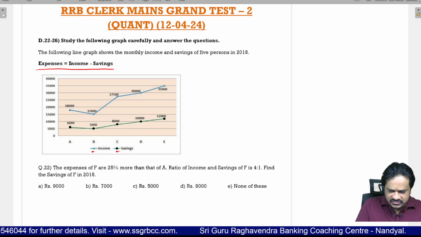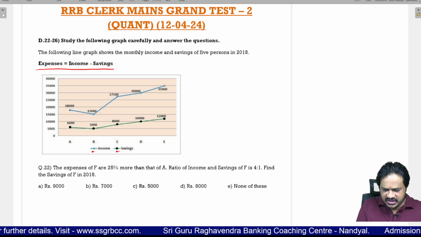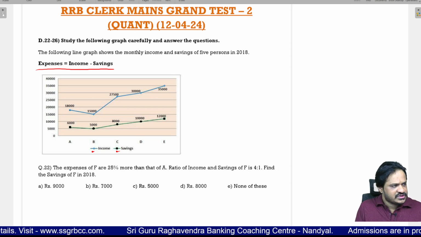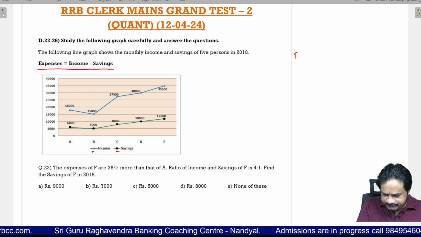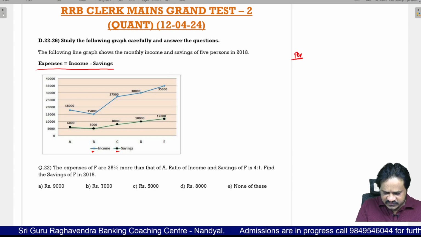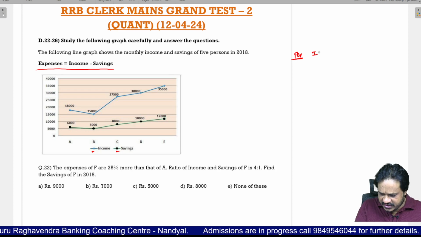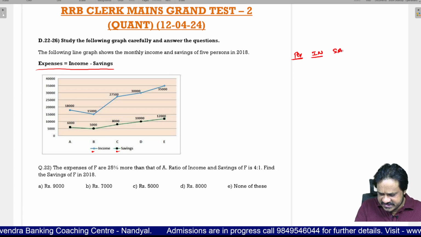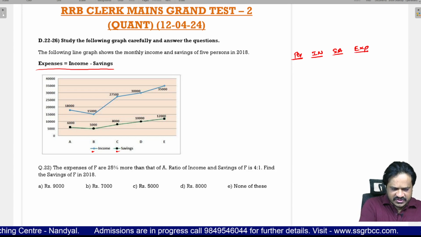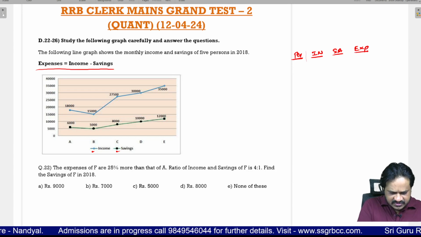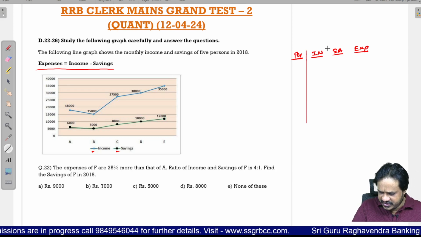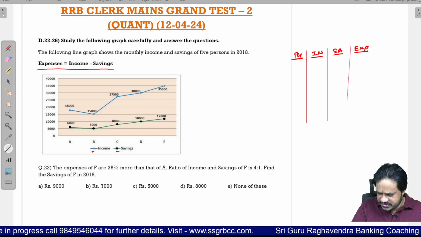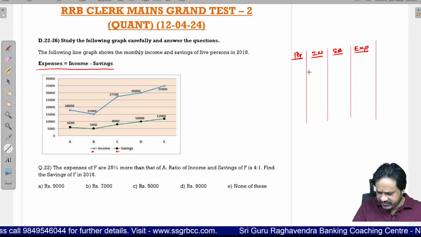So, all of you, now let us draw the table. If you see here, first one is the person, next one is the income, saving, then followed by expenditure.